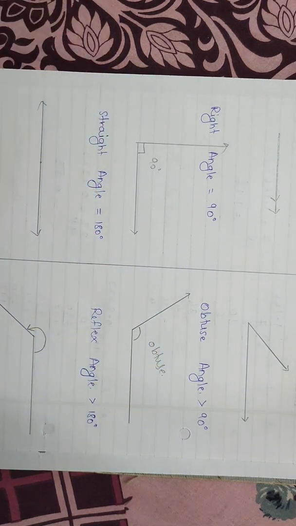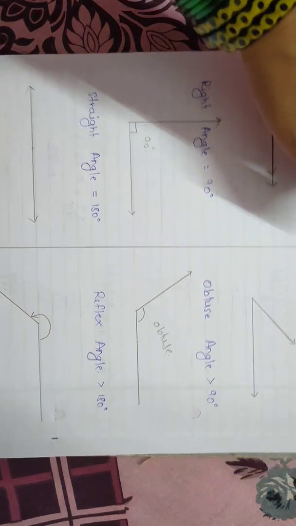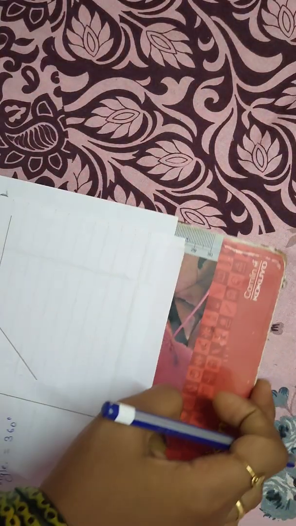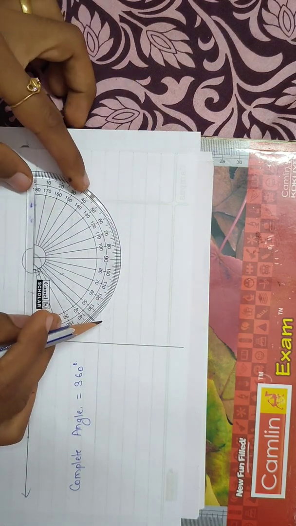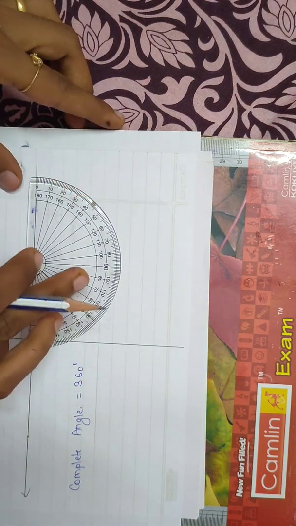If I take this page and I just rotate it like this, I will find out this is an angle, right or wrong? But this angle is greater than 90 degree. So this becomes an obtuse angle.